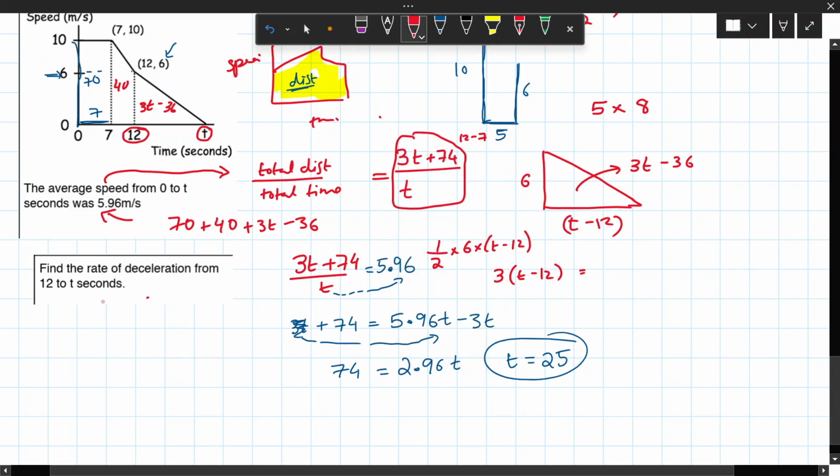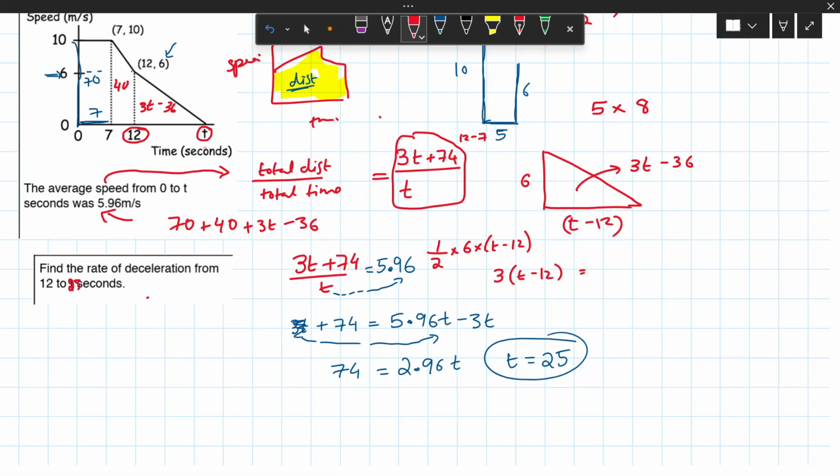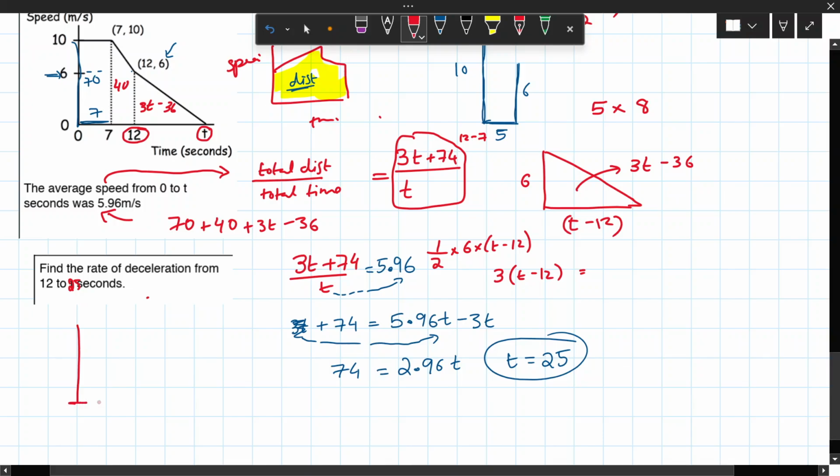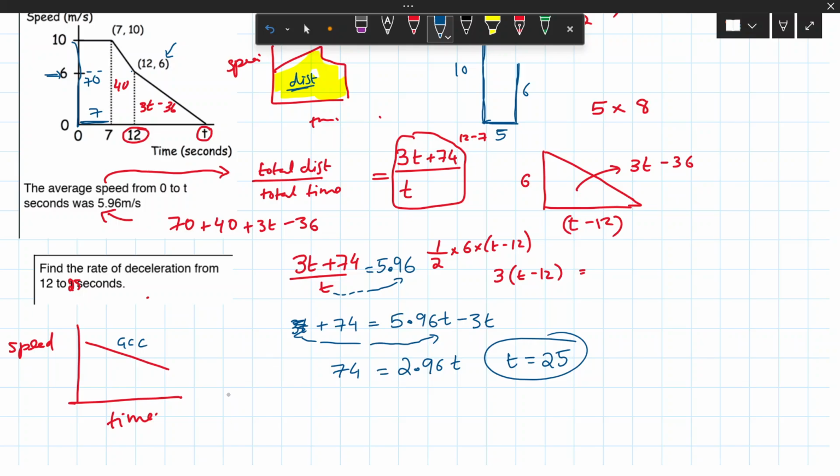Last part is find the rate of deceleration. Find the rate of deceleration from 12 to, we know T is 25. So remember, in a speed time graph, if you take the gradient of a speed time graph, that gives you acceleration.